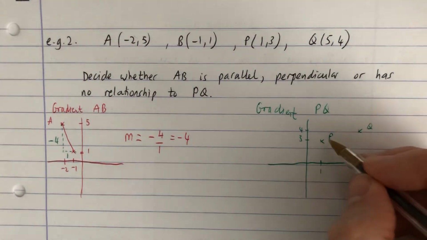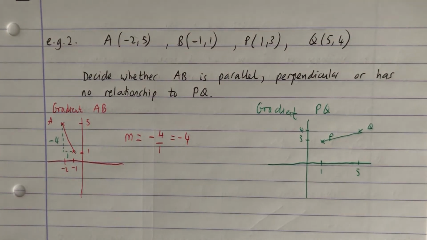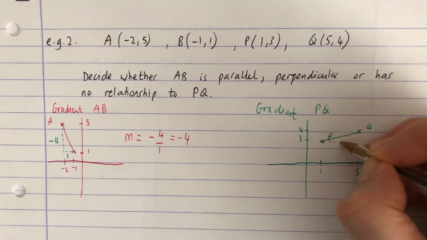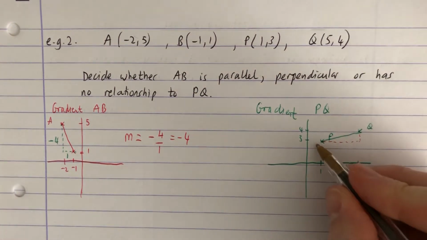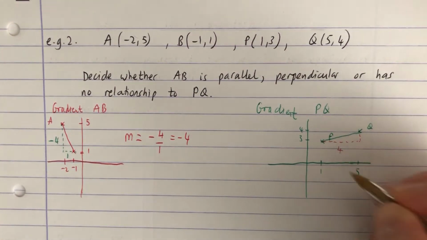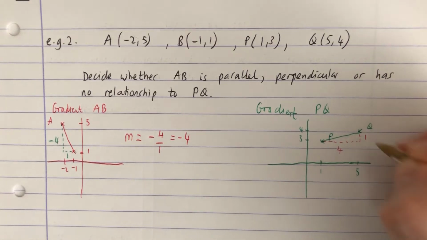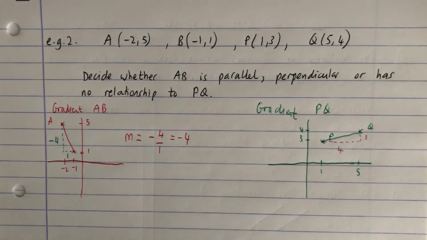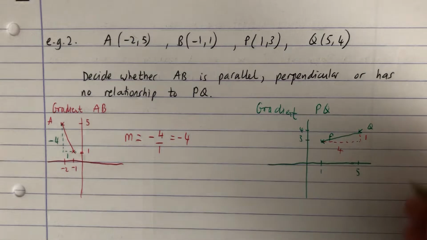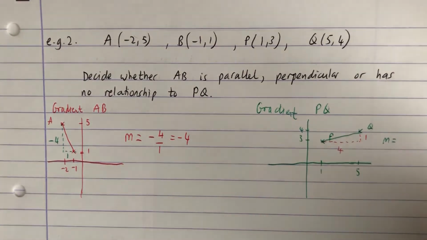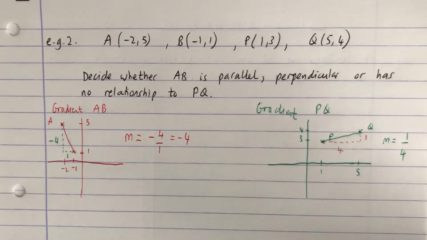Q, and that's the line. And we want to work out the gradient of that line, which again is rise over run. So that triangle there, the run is 4 across, and the rise is going up, so it's 1 up, to give you a gradient of 1 over 4.